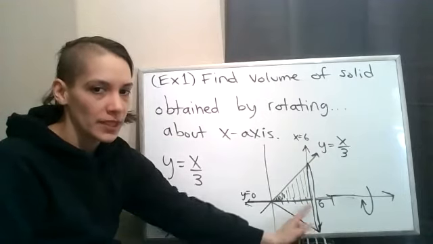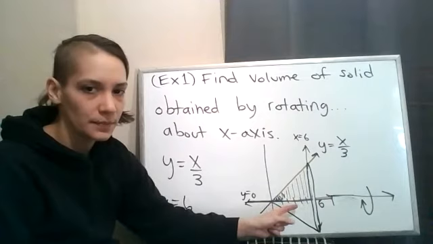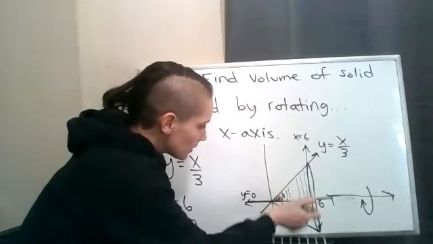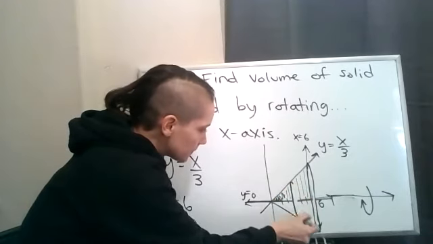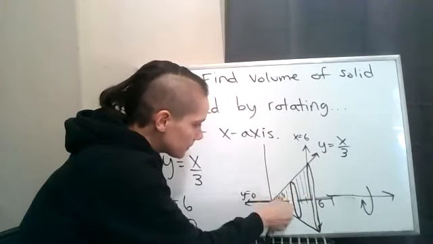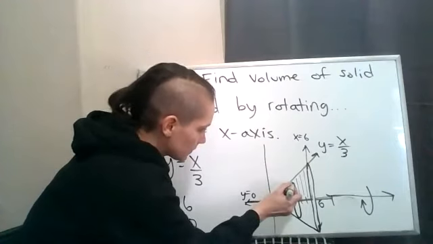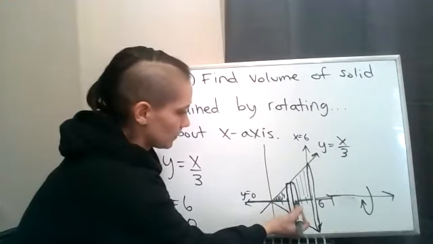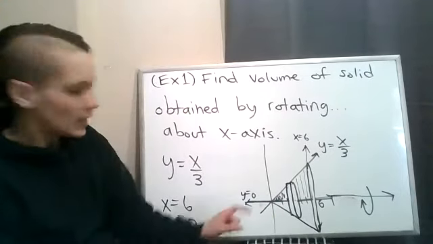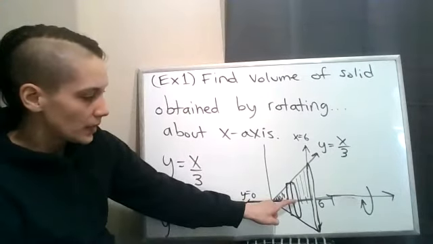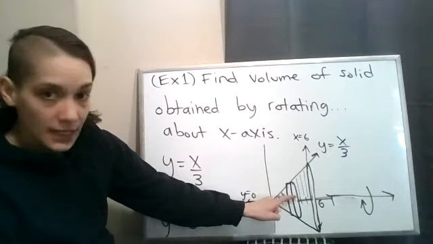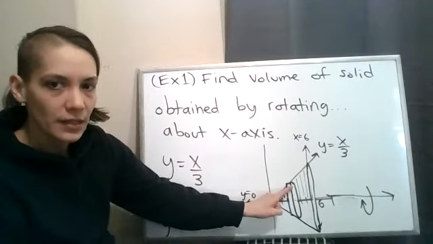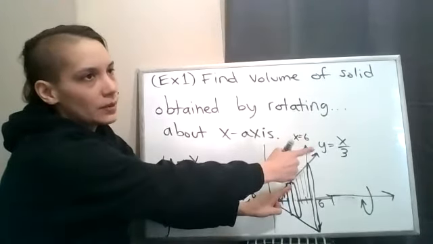And we'll use the formula to get the volume of this solid. So let's draw a disc first. Okay, the radius goes from here to here, and that's a height of, let's see, when x equals that number, the height would be y equals x over 3.